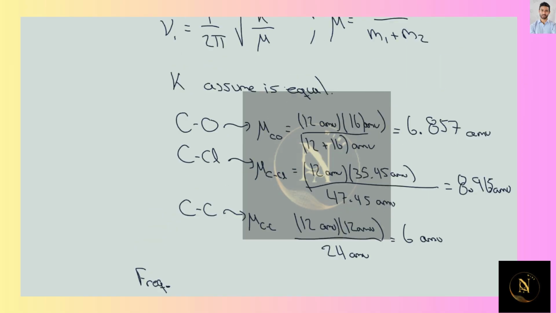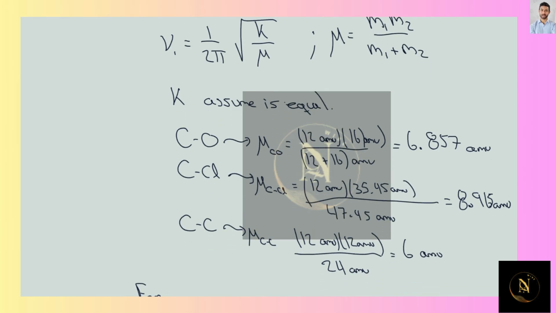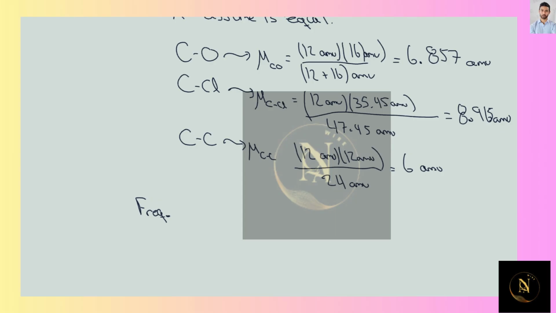The one that is going to have the higher fundamental frequency is the one with the lowest reduced mass. So carbon-carbon is going to be higher in frequency than carbon-oxygen, and in turn it is going to be carbon-chlorine at the very end. And the frequencies are in increasing order.